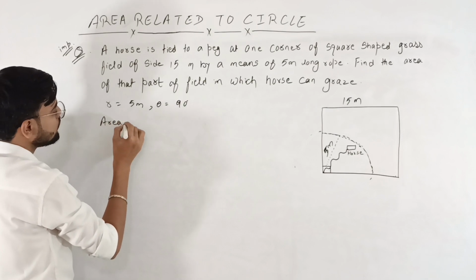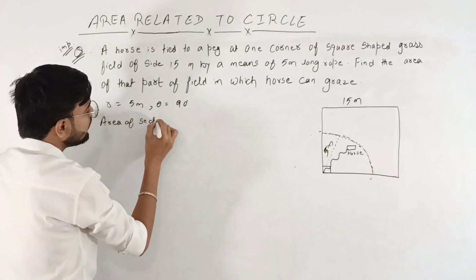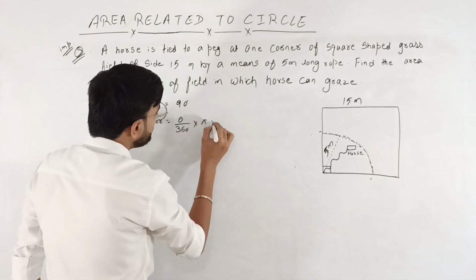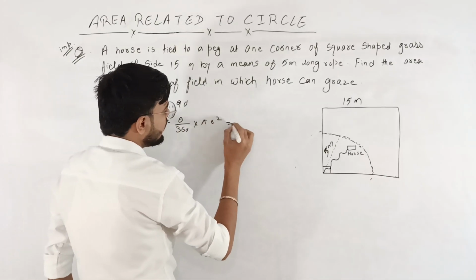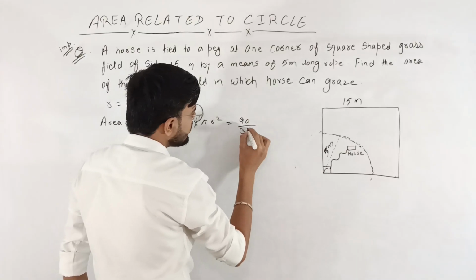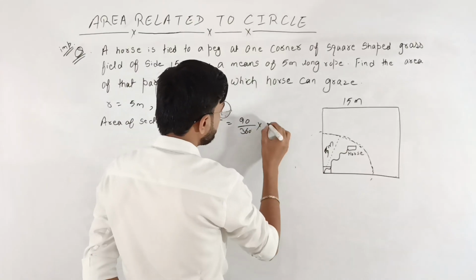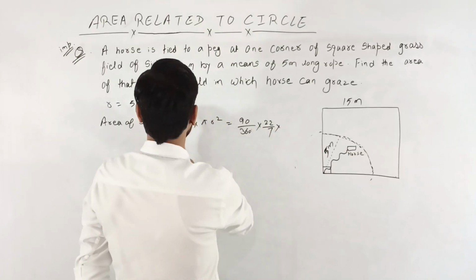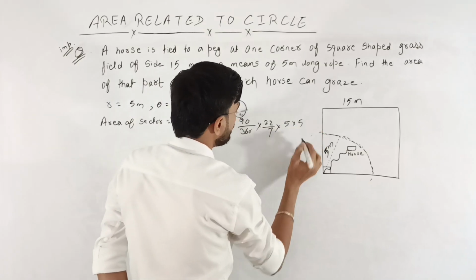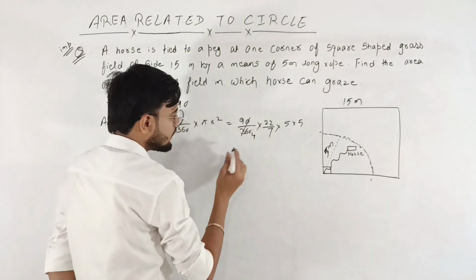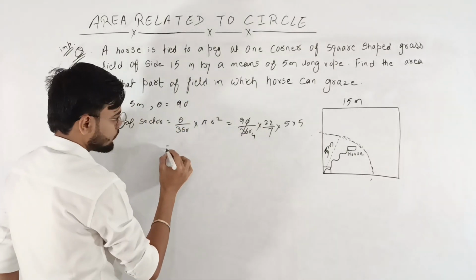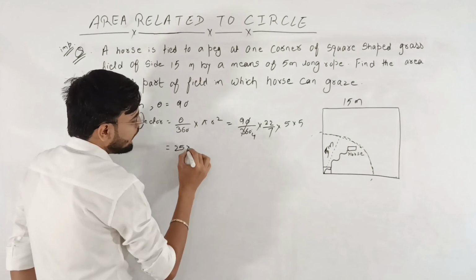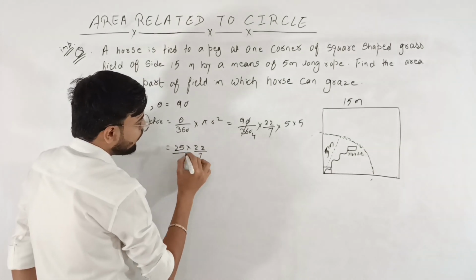So area of sector is theta upon 360 degree into pi r square. So theta is 90 upon 360 into pi, which is 22 by 7, and r square, which is 5 into 5. Now 90 upon 360 is one-fourth. So this will become 25 into 22 upon 7 upon 4.